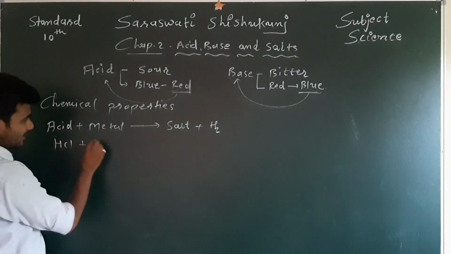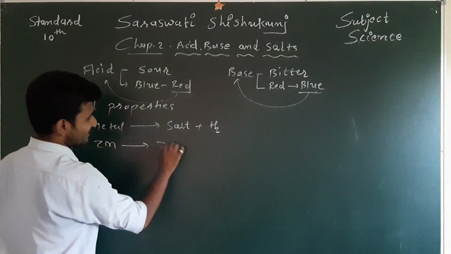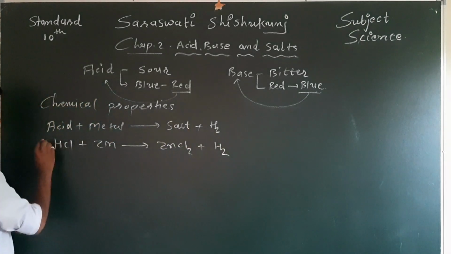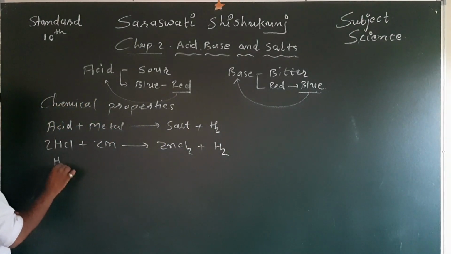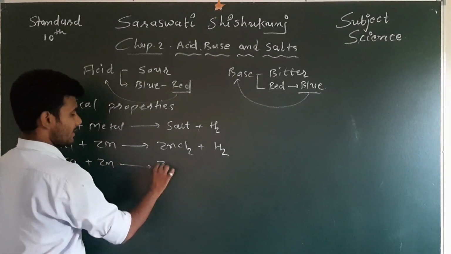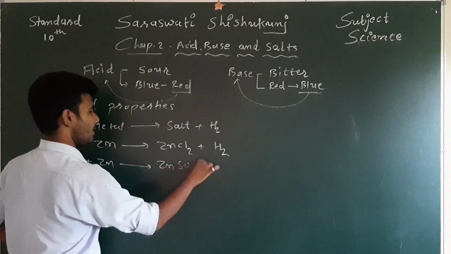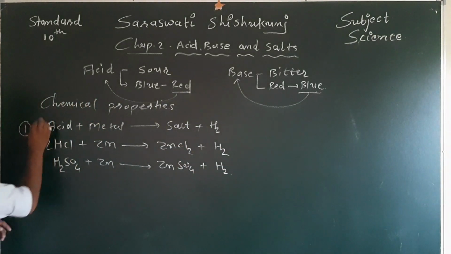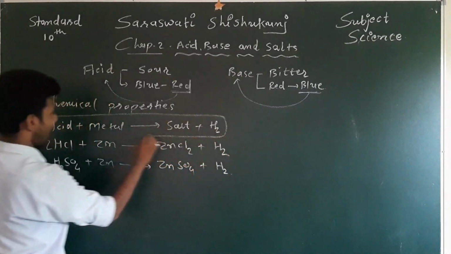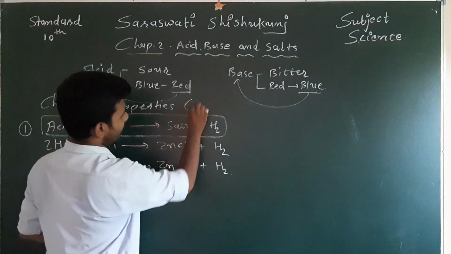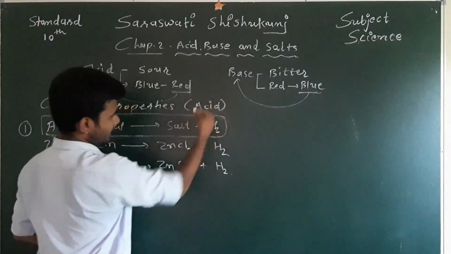HCl plus Zn will give us ZnCl2 plus H2. Similarly, H2SO4 plus Zn gives ZnSO4 plus H2. So this was our first characteristic of acid, that acid plus metal gives salt and dihydrogen gas.